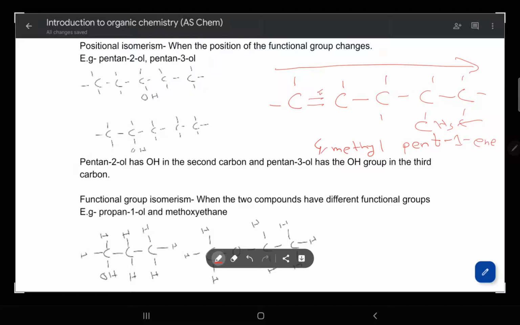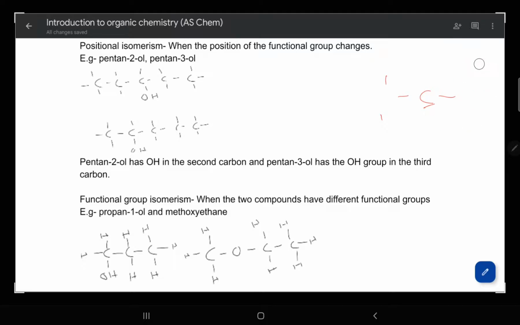So we are going to prioritize the functional group over the methyl group. The functional group here is the alkene group. The alkene is in the first position, so our count is going to start from the left side. From the left side, this is the first, second, third, fourth carbon. So this ends up being 4-methyl, so this is 4-methylpent-1-ene.